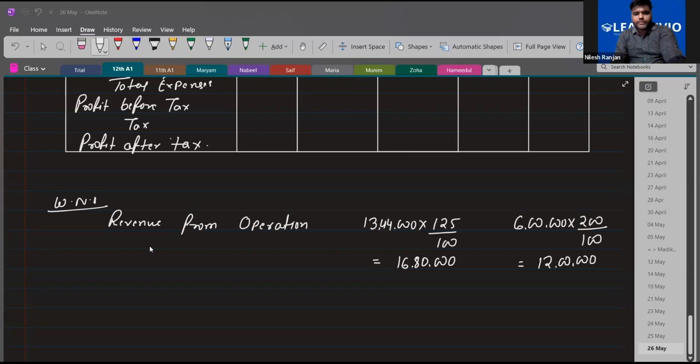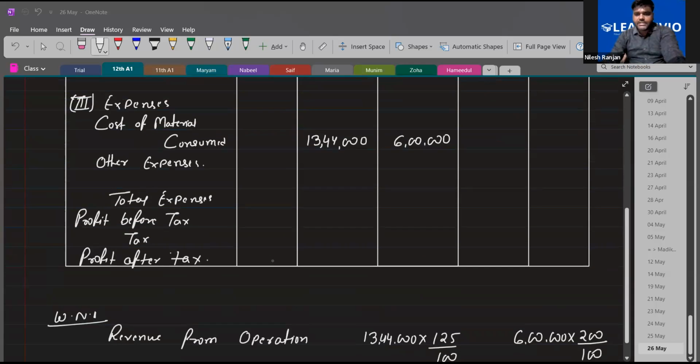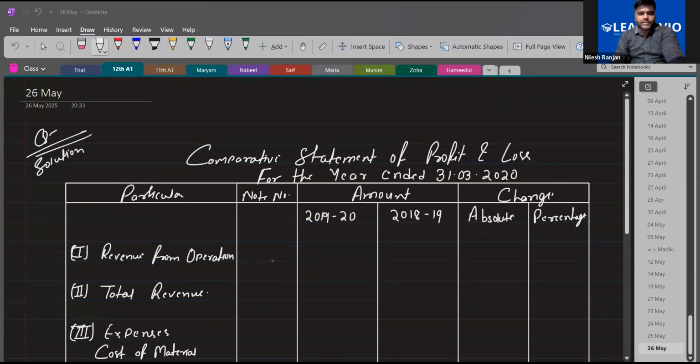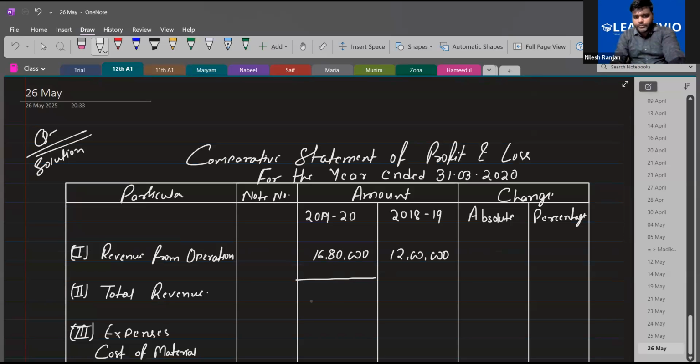So revenue from operations is 16,80,000 and 12 lakh. Total revenue will be the same, 16,80,000 and 12 lakh.